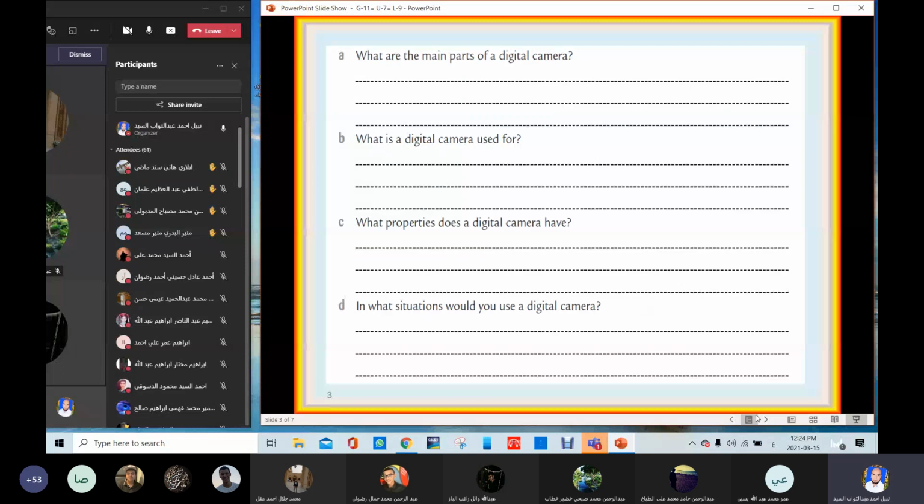Read the description of a digital camera. Please read silently to answer these questions. I'll give you 3 minutes to read and find the answers.